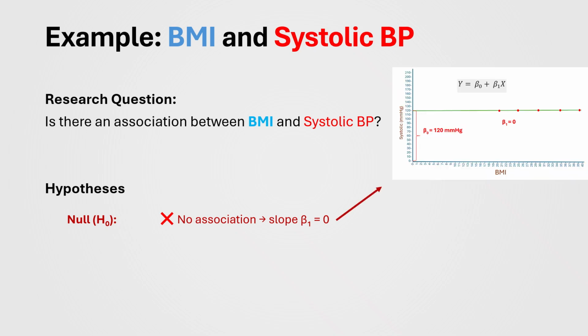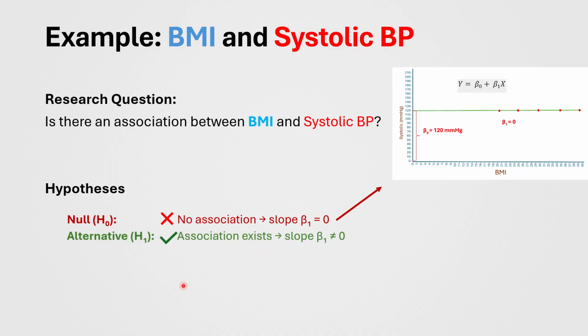What it means is that, as you see here, as the BMI is increasing, there is no change in the systolic blood pressure. The systolic blood pressure of the person with 20 BMI or 25 BMI or 35 BMI or 50 BMI, all are the same. So there is a flat line. So the slope is literally 0.